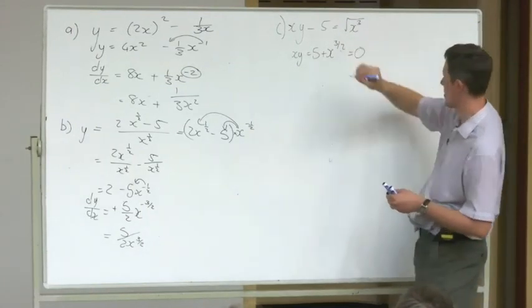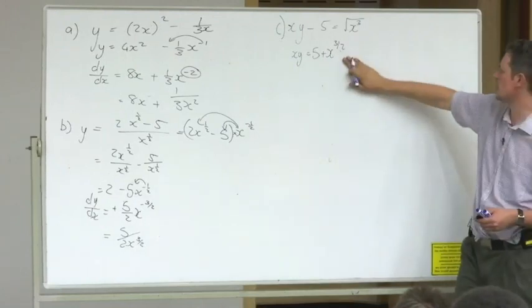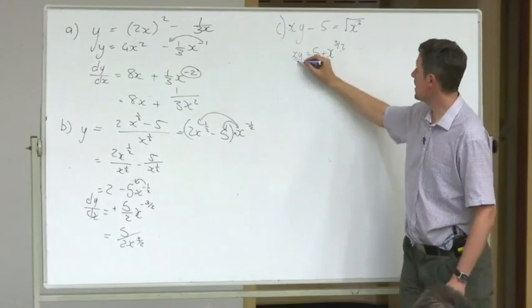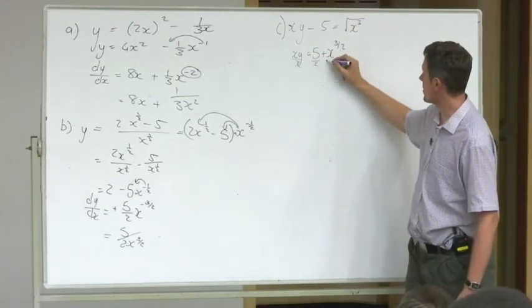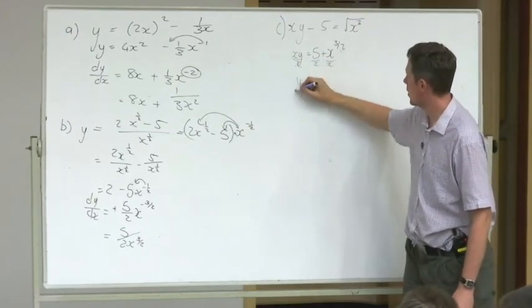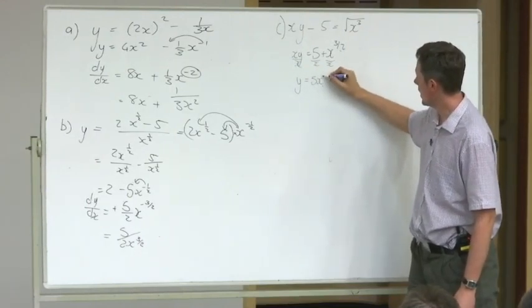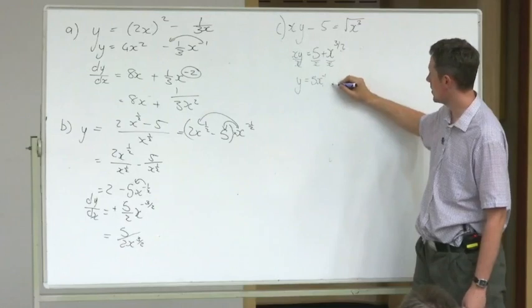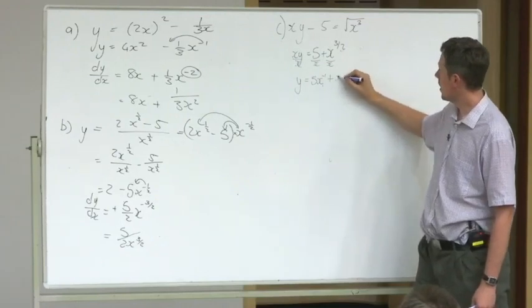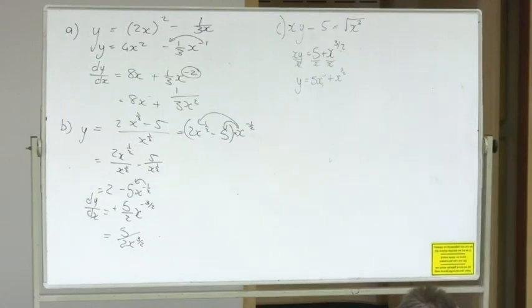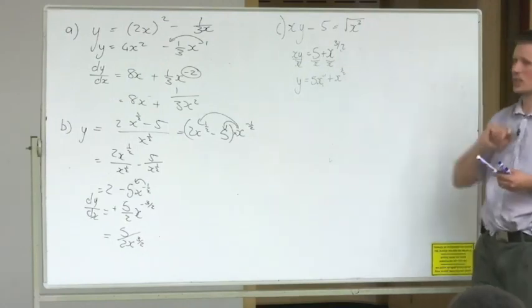Divide by x, divide by x, divide by x. Y is equal to 5 x to the negative 1 plus x to the half, because I'm dividing those, so I'm subtracting the exponents.